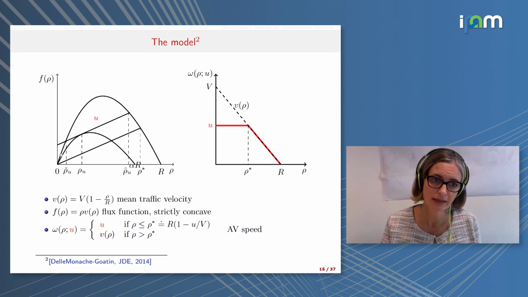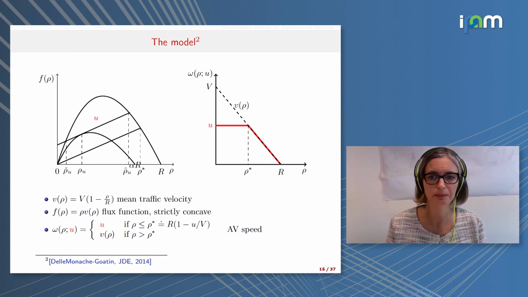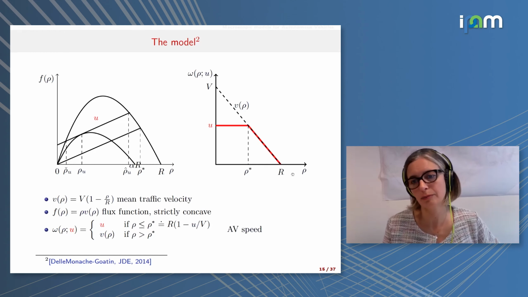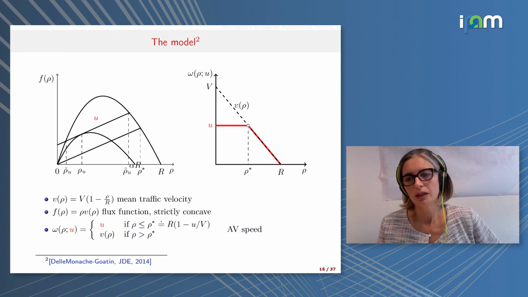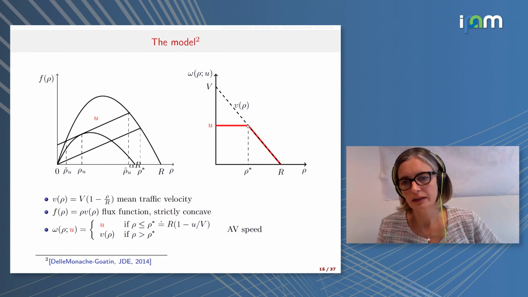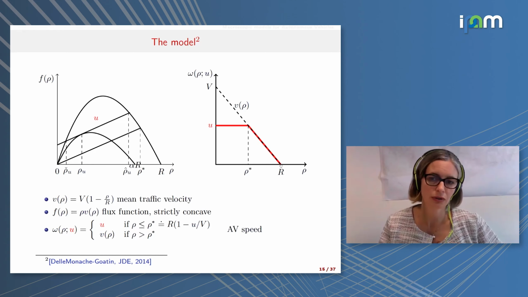And so this is the flow at the autonomous vehicle position. And this is the representation of the autonomous vehicle speed. So it's constant, equal to u. It can vary in time, but is independent of density up to a certain density, and then it has to adapt to the traffic speed.